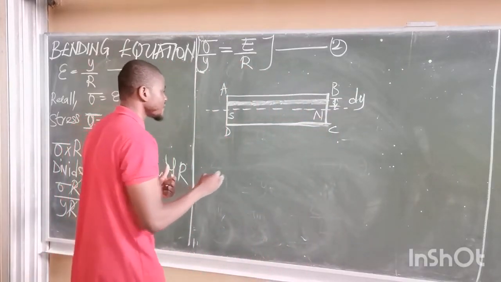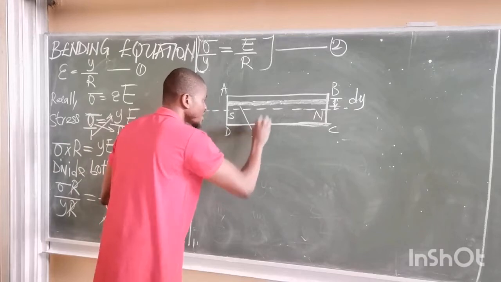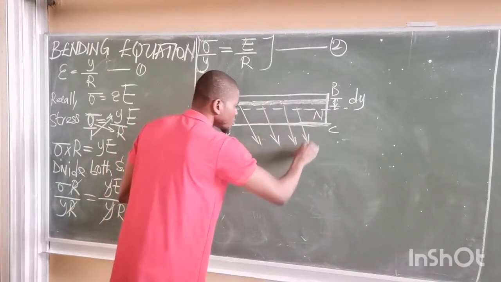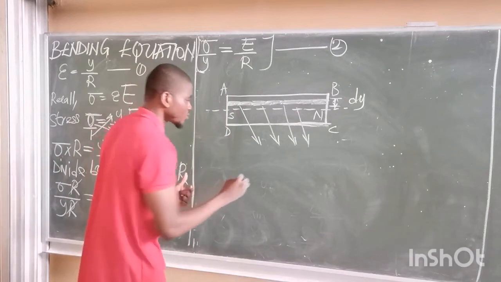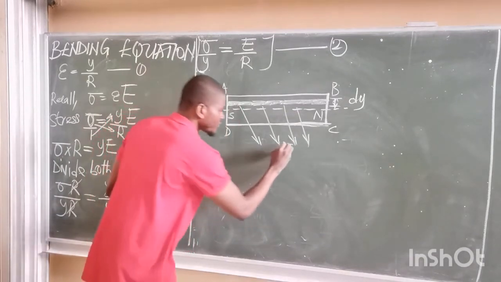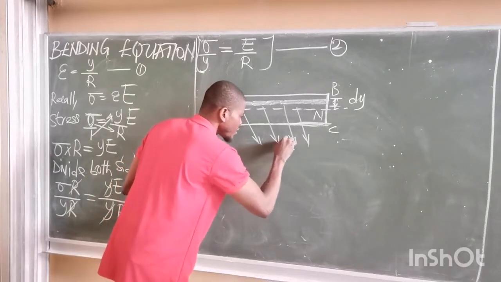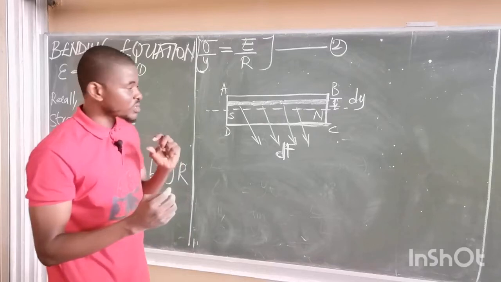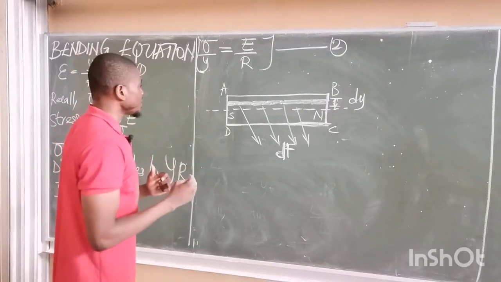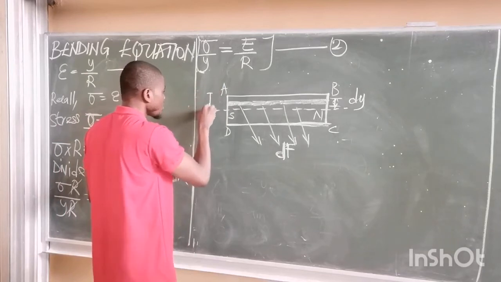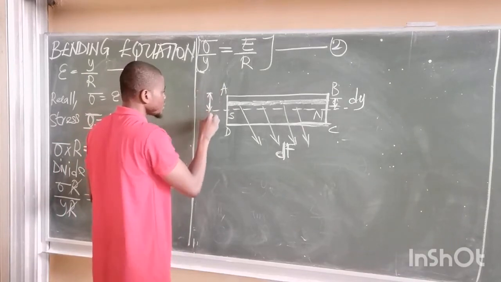Now, let forces emanate from what? The neutral axis. These forces actually cause what is called resisting moment. So let's call that force dF, force is a combination of different smaller intensity of forces. So let's simply call it a derivative, simply dF. Now, let the height always remain simply y, it doesn't change from A to the neutral axis.